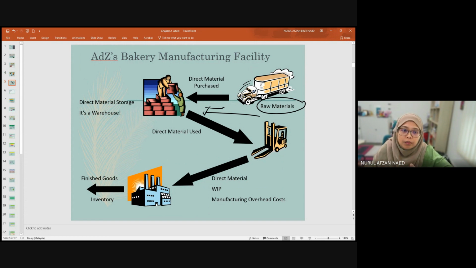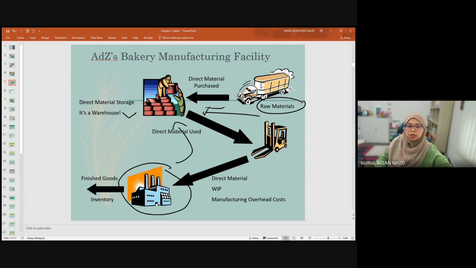So kalau tak ada stok, maybe dia akan impact ataupun effect kepada production. So that's why kita kena ada stok untuk simpan all the material yang kita dah beli. Okay, sama ada direct material or indirect material, either one. Okay, so bila dah simpan dekat warehouse, as a manufacturer, okay, production center, dia akan minta daripada store berapa banyak material yang diperlukan, berapa kilogram flour yang diperlukan untuk membuat berapa banyak cake tadi tu, berapa biji telur yang diperlukan and so on.